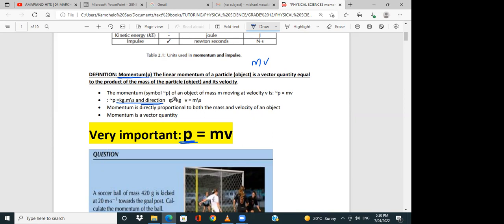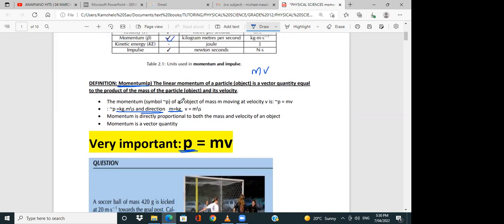The next physical quantity we have in momentum is the mass. Guys, please pay attention: in physics, mass is always in kilograms, always.